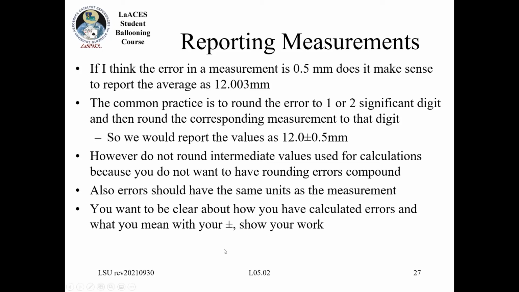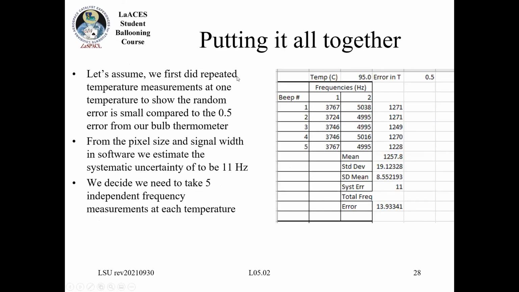But the most important thing is you want to be explicit on how you did that error calculation, and to avoid confusion, just say what you mean with your plus or minus. I want to say, hey, that plus or minus is the error which I calculated like this.